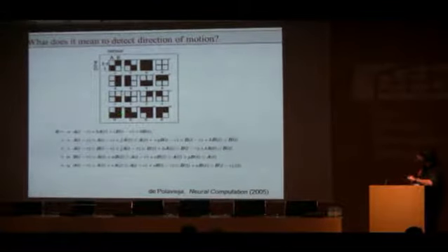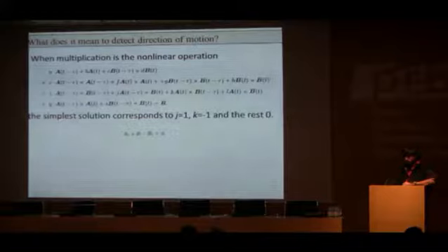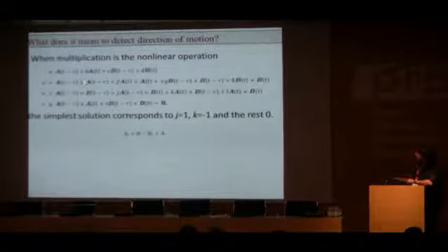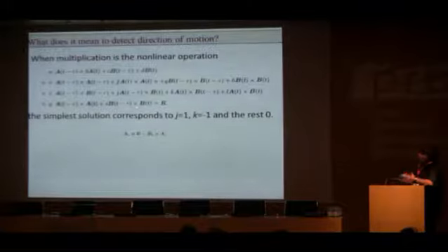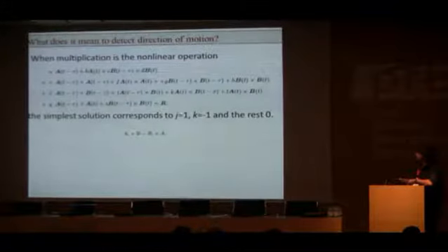So you can ask yourself, for that funny operation being a multiplication, what are the values of the parameters that give you the right input to output? And actually it turns out that there are several families of motion detectors, but the simplest, the one with least number of elements, is the one with J equals 1 and K equals -1.